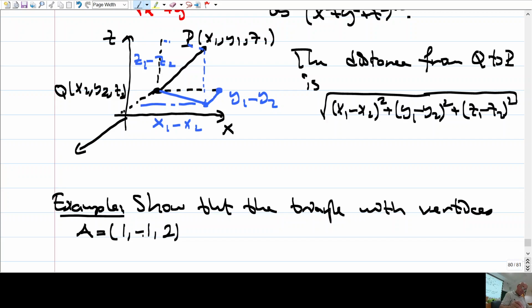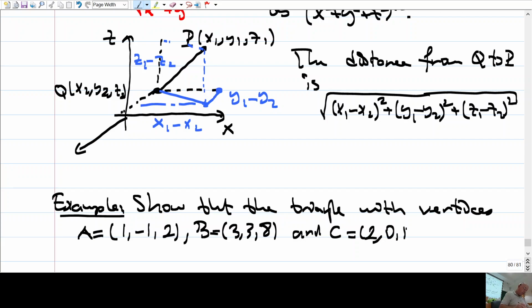A is the point with coordinates, but some books use also this notation. Both of them are okay. So B is 3, 3, 8, and C is 2, 0, 1. Is a right triangle.